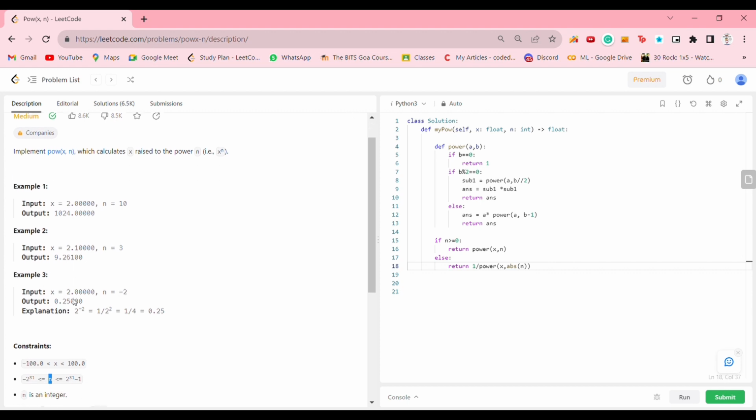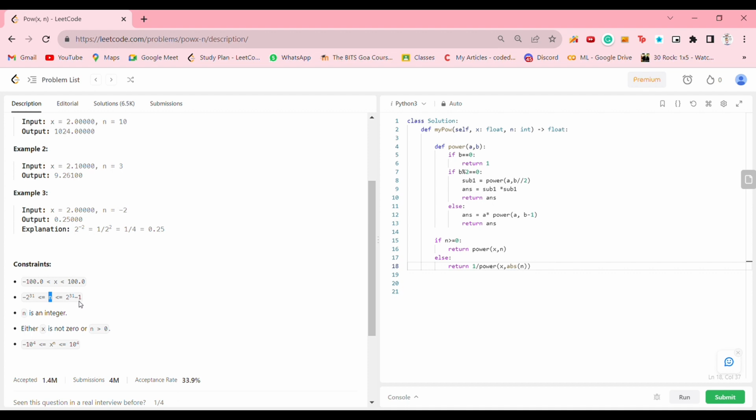The constraints don't allow that, because the solution would just time out. So it would take too much time to process. You can try that yourself by simply coding the simple algorithm which loops b times or n times to calculate the power, and you'll see that you get something like a time limit exceeded error. That is why we need a better approach, which is this approach, which runs in log n time.